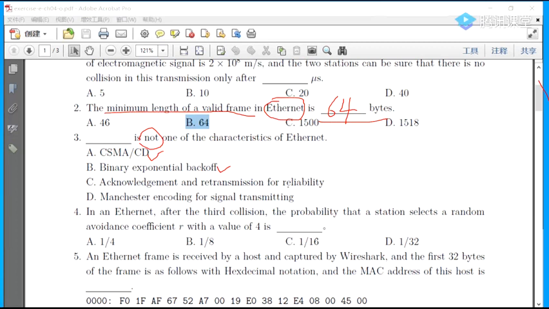Is acknowledgement and retransmission for reliability one of the characteristics? No. So acknowledgement and retransmission for reliability is not one of the characteristics. So the answer is C. D, Manchester encoding for signal transmitting. Yes, it is one of the characteristics of Ethernet. So the answer is C.